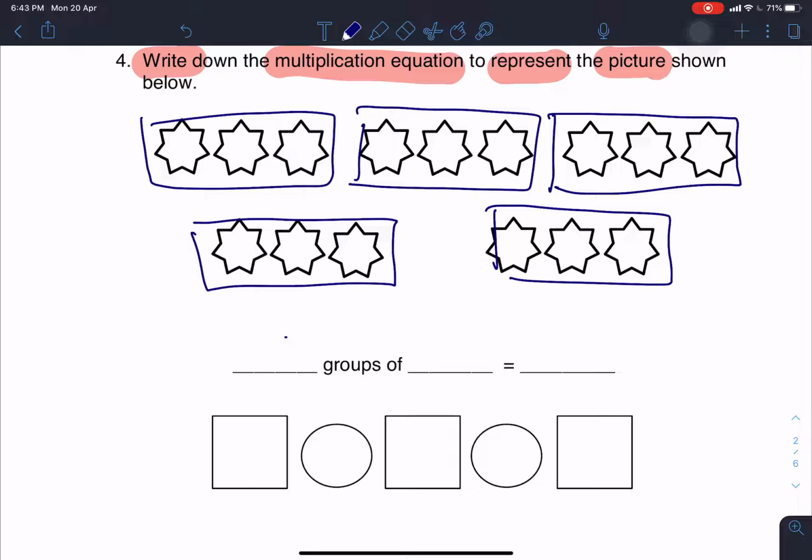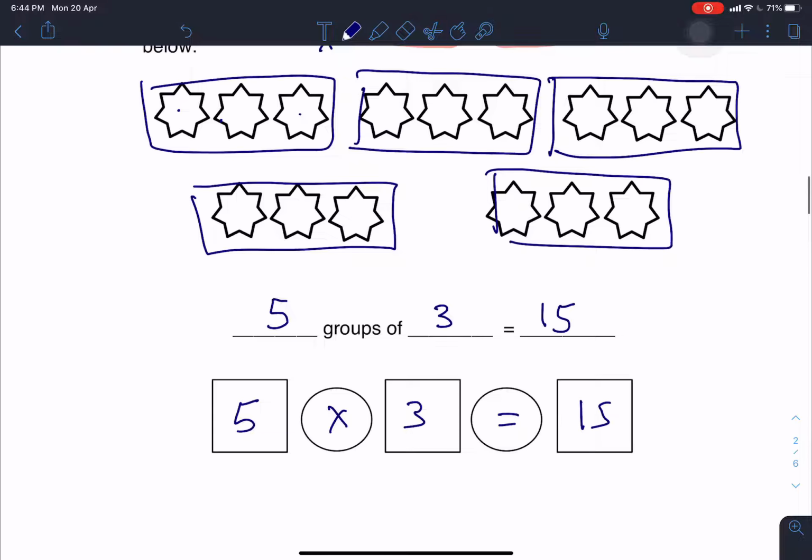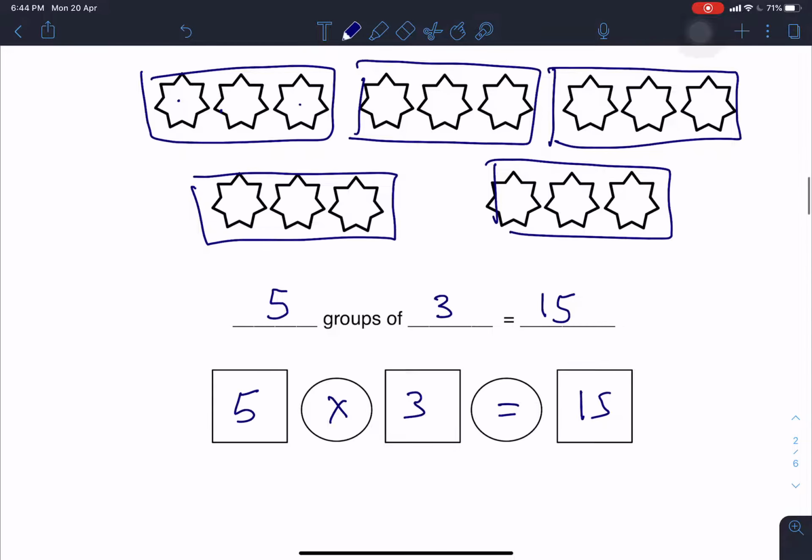So I know there are 5 groups. In each group I have 1, 2, 3 stars, so 5 groups of 3, which gives me 15. Now they want us to write a multiplication equation, so 5 multiplied by 3 gives you 15. This is how you write the multiplication equation.